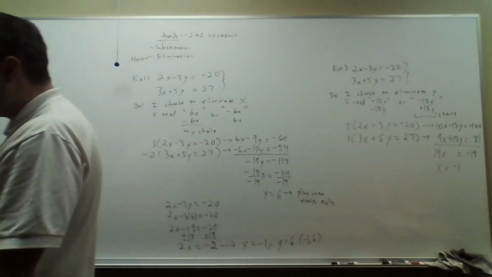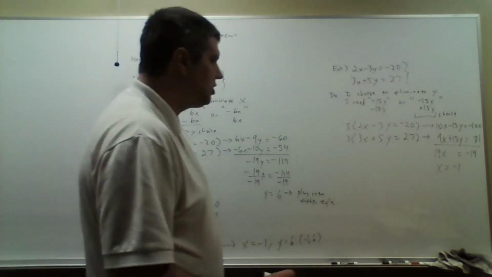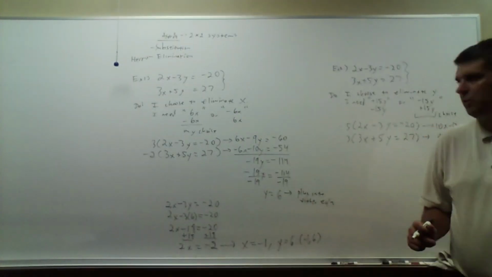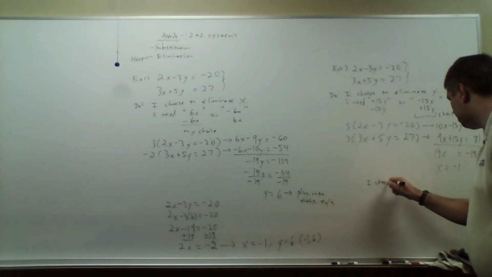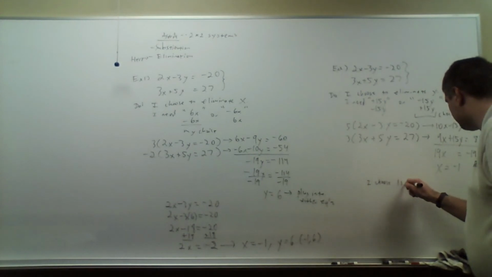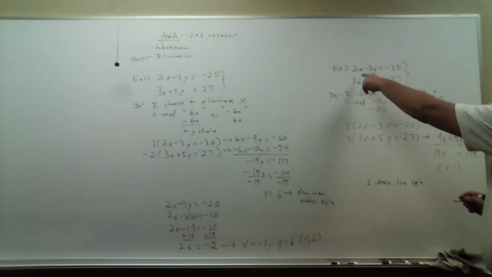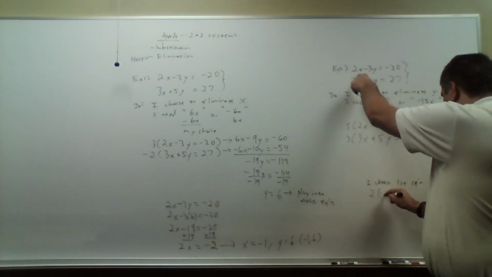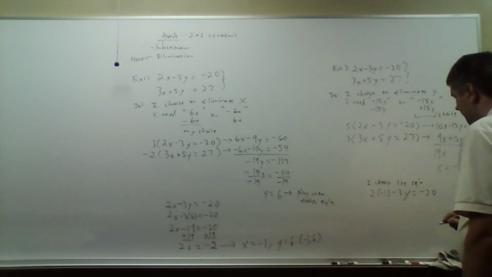On the paper, I chose the second equation, so this time I'll do the first. So 2 times negative 1 minus 3y equals negative 20.